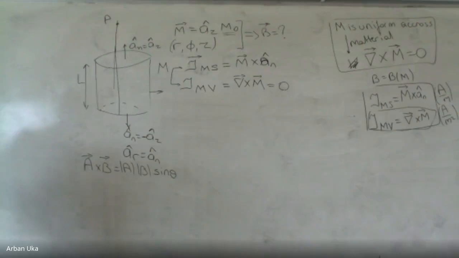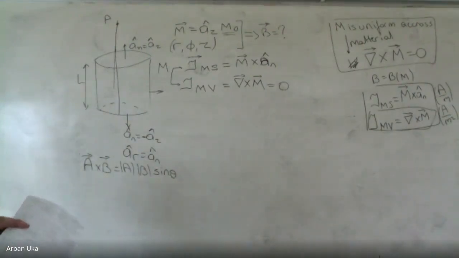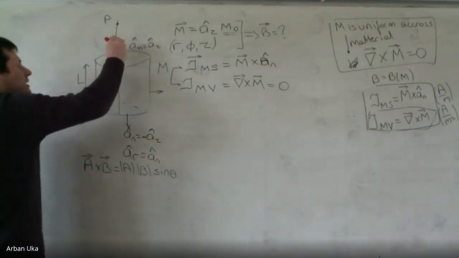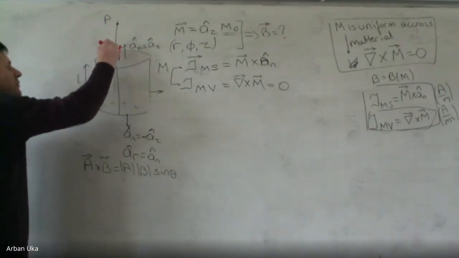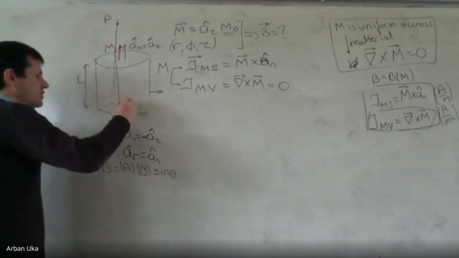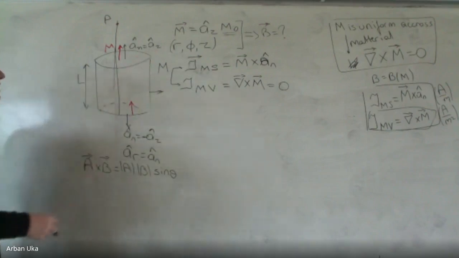Then we write on the board the magnetization vectors. At the top area, the magnetization vector is shown here in red with M. At the lower area, it's pointing up because it's M0 times a_z.